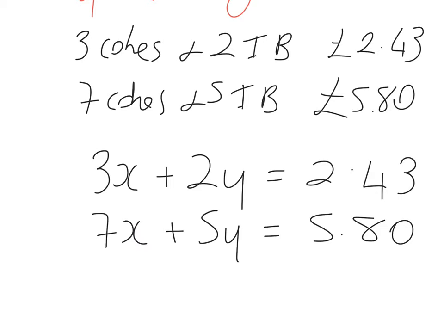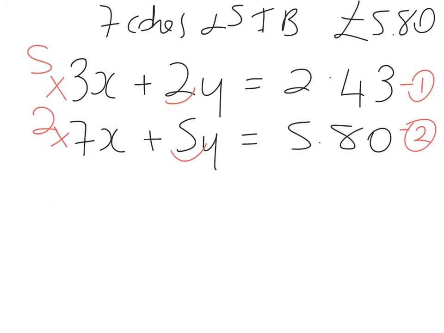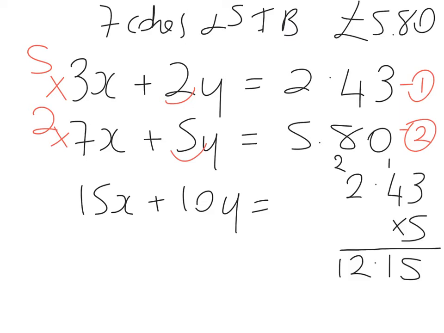So again, it's just about scaling up. This time, let's get our y's up. So 2 and 5, lowest common multiple, that's 10. So multiply equation 1 by 5 and multiply equation 2 by 2. Equation 1 becomes equation 3, multiplied through by 5, and that's 15x plus 10y equal to, now 2.43 multiplied by 5, definitely go to the side to work that out, and that's £12.15.